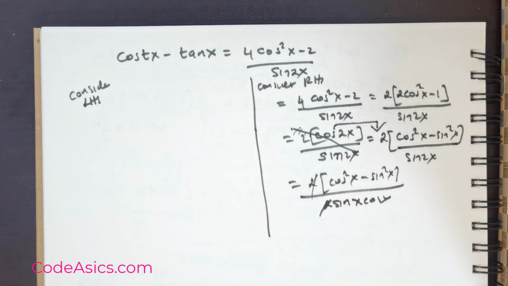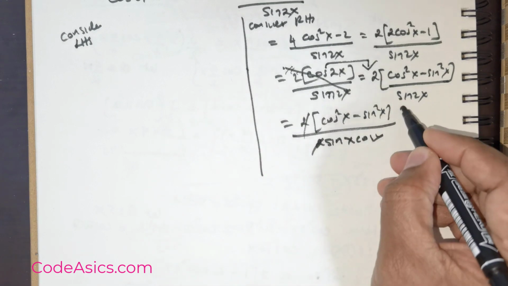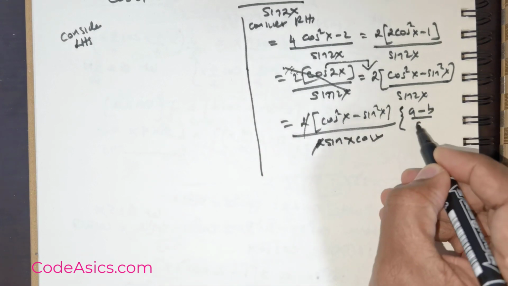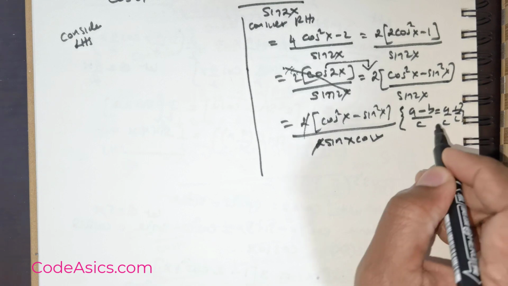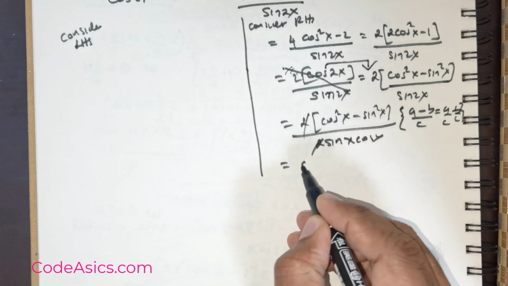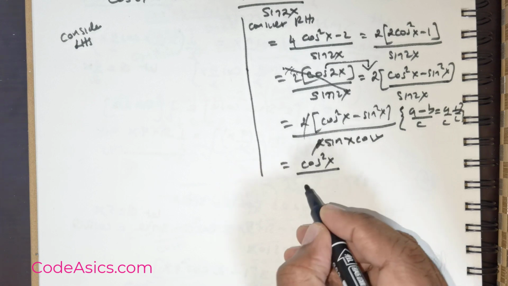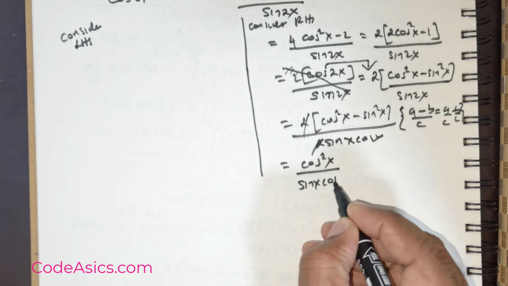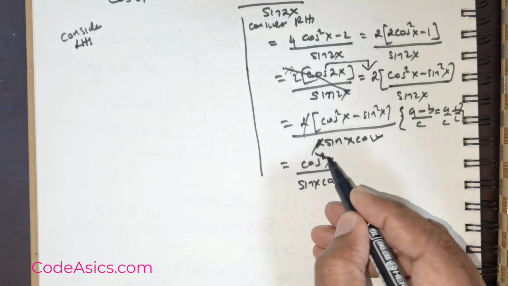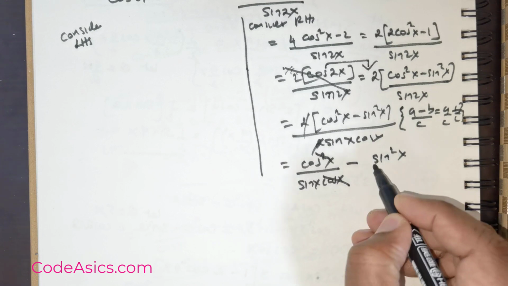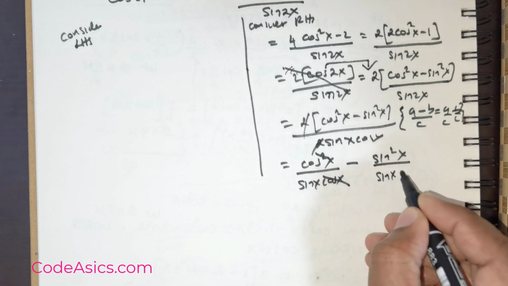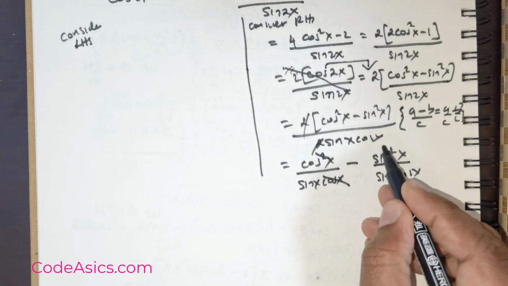So the 2 gets cancelled. Now you have a minus b divided by c. I can rewrite this as a over c minus b over c, the algebraic property. So from that, this is going to be cos squared x divided by sin x cos x. So a cos and a cos get cancelled, followed by sin squared x divided by sin x cos x.